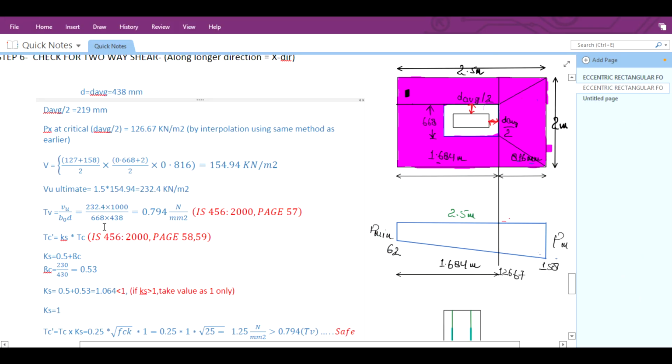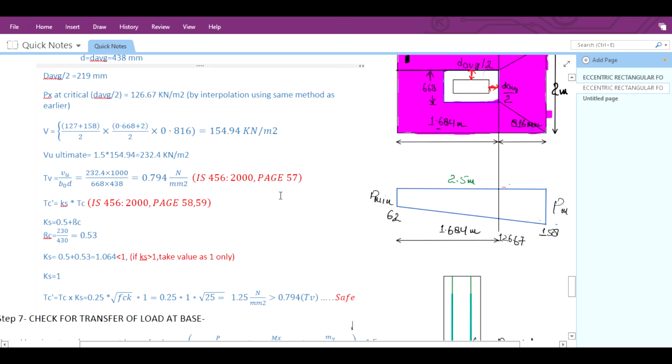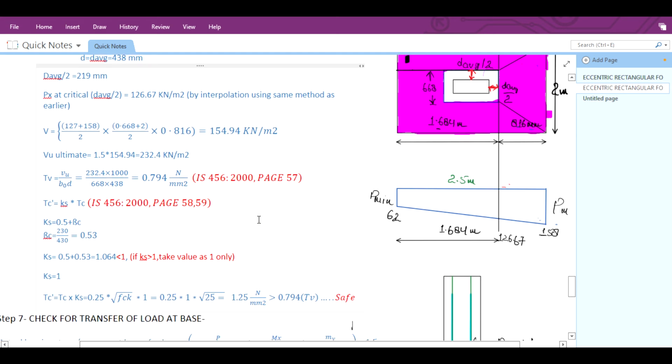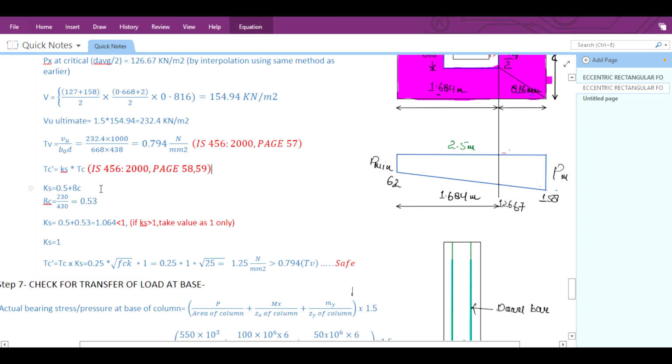This formula is mentioned on page number 57 of IS 456:2000. You can check from there also. Now for tau c dash calculation, the formula will be Ks into tau c, and it is mentioned on pages 58 and 59 of IS 456. Your Ks will be 0.5 plus beta c.